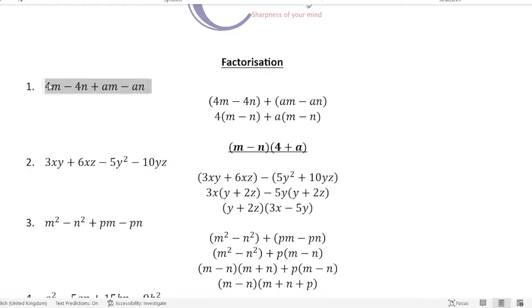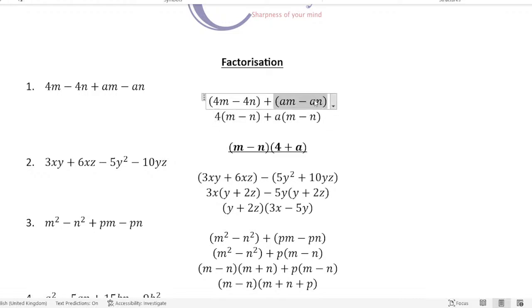We grouped the first two, 4m minus 4n, as you can see on the first step, and we grouped am minus an together. Then we notice that we have a common factor on the first term. What is our common factor? It is 4.